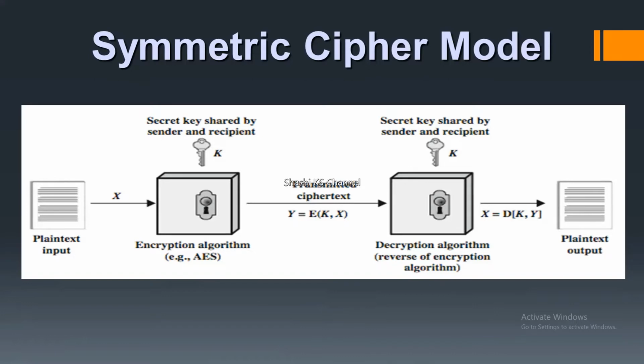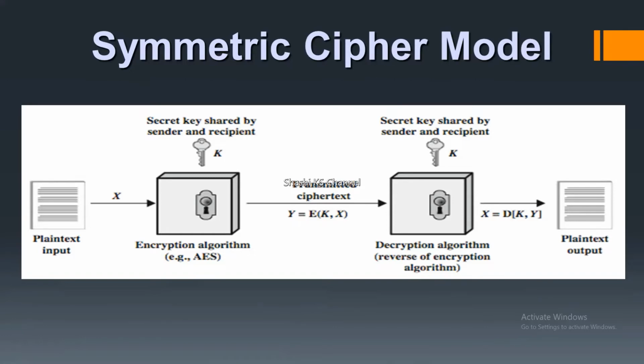The encryption algorithm performs various substitutions and transformations on the plain text. Here we have something called a secret key, which is known only to the sender and the receiver. The exact substitutions and transformations used in the encryption algorithm depend on the secret key. So the key is used as input to the encryption algorithm, and the encryption algorithm will produce different output for different keys.